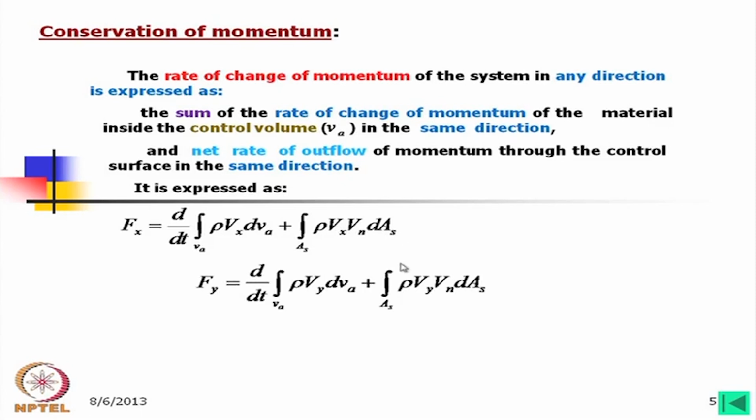It will be similar in the y direction. As you look into these equations, the expression is the same, velocity in y direction here and also here. Similarly, in z direction we consider velocity z here and also here.